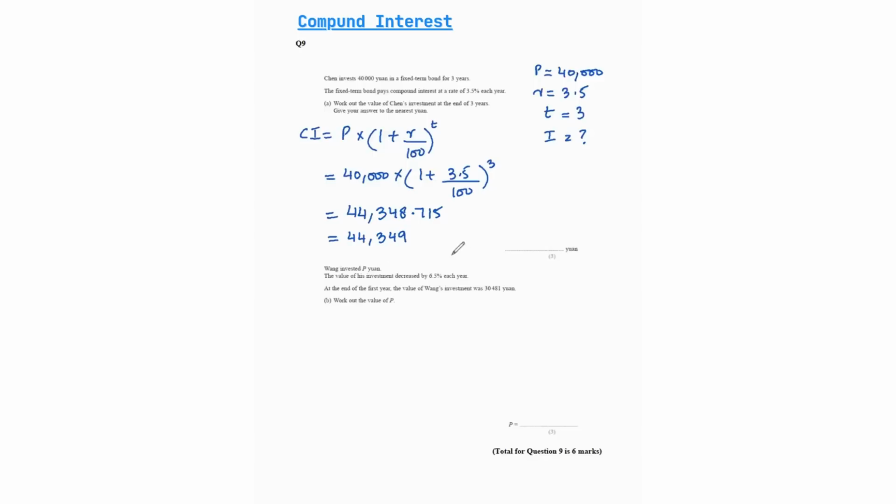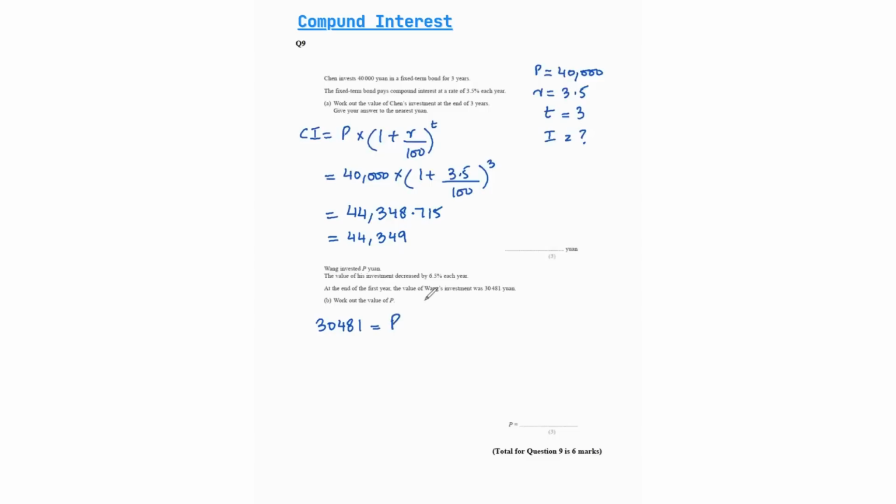Then Wang invested $B and the value of his investment decreased by 6.5% each year. At the end of the first year, the value of Wang's investment was 30,481. Work out the value of B. So to work out the value of B, 30,481 is the value of the investment at the end of the first year.